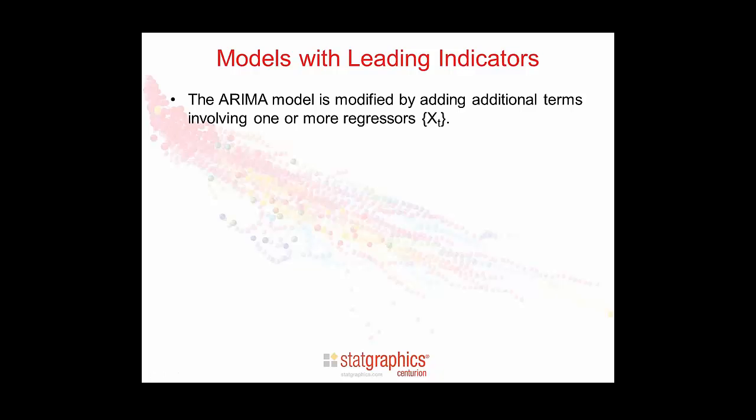What we're going to do is now add a regressor variable to our ARIMA model. We're going to add our construction permits lagged 1 quarter, and maybe more than that, to our ARIMA model with the hopes that we can improve the forecasts of GDP.